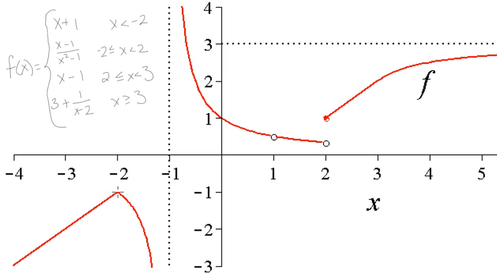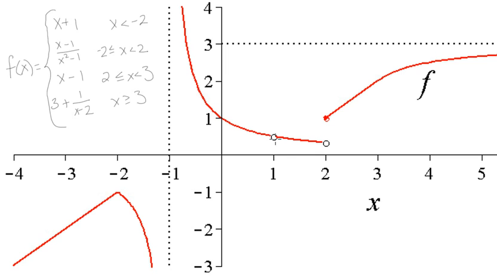At -2, the function is continuous, but it suddenly turns a corner. So while it is continuous at this point, at -2, the function is not differentiable. You have an asymptote for x minus 1 over x squared minus 1 at -1, where it goes to negative infinity from the left and to positive infinity from the right.